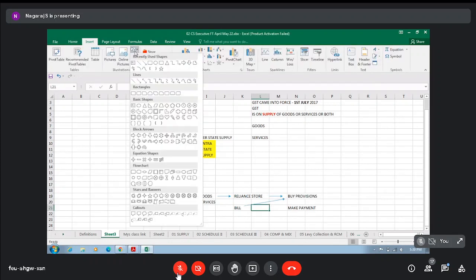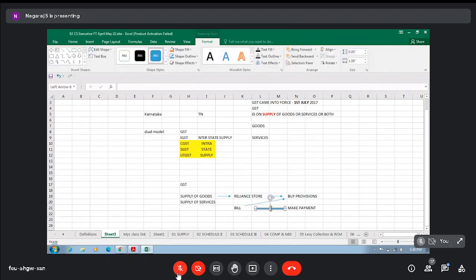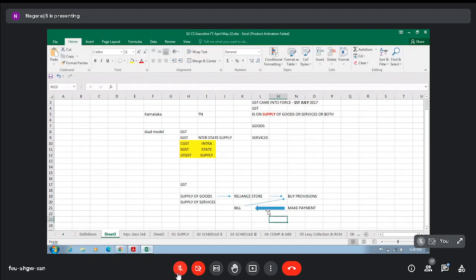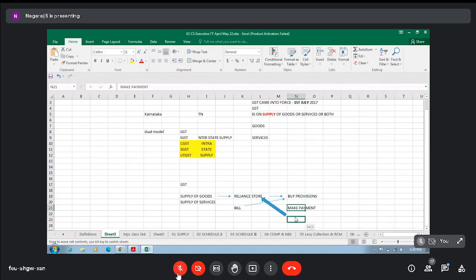Why am I explaining with the drawing? You guys need to understand, there are a few things that will confuse many times once we go further with the subject.